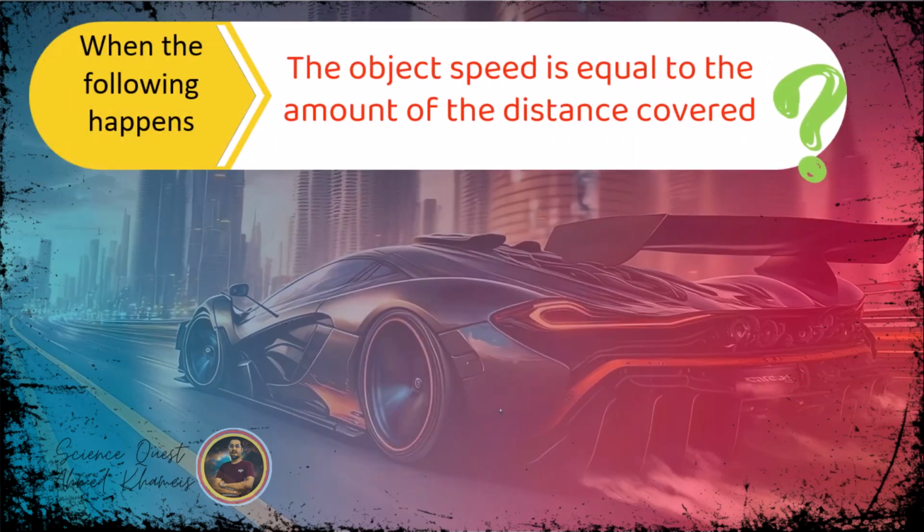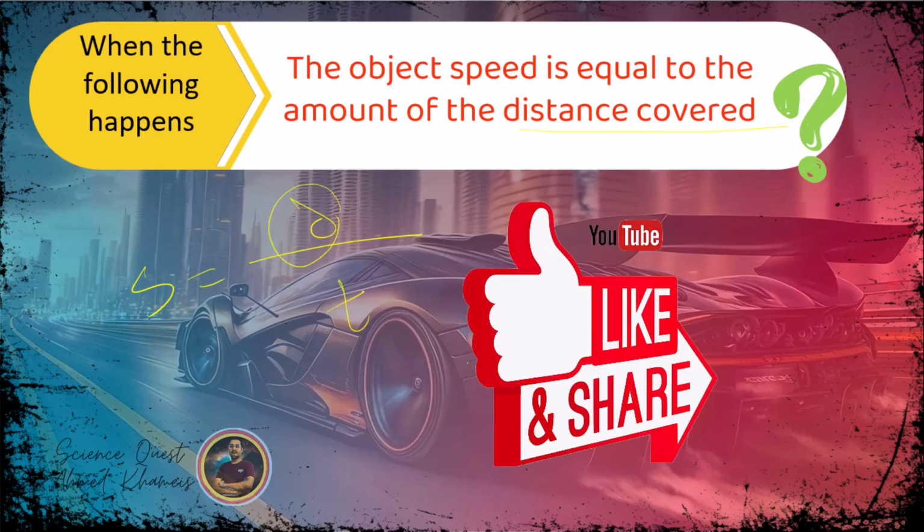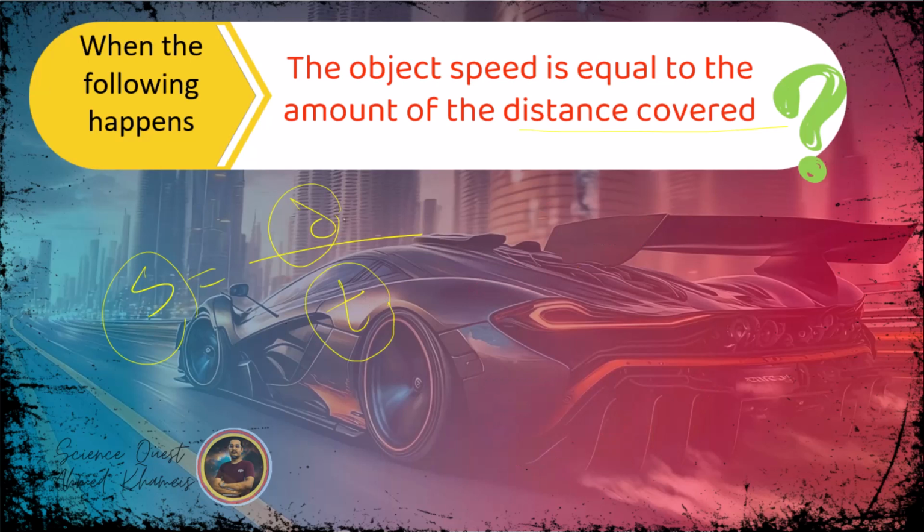So the object's speed equals the amount of distance covered, speed equals distance over time. So when does the speed equal the distance? That will happen when the object covers the distance in unit time, 1 unit time.